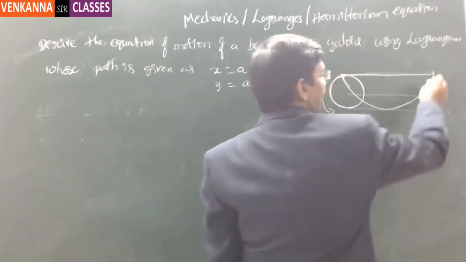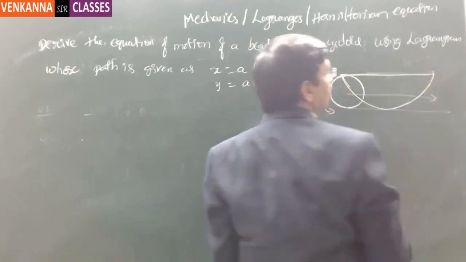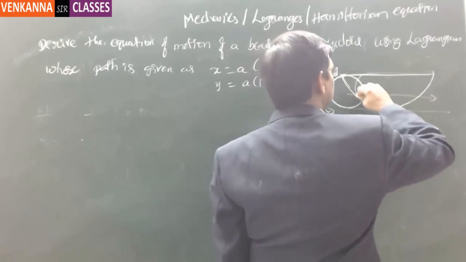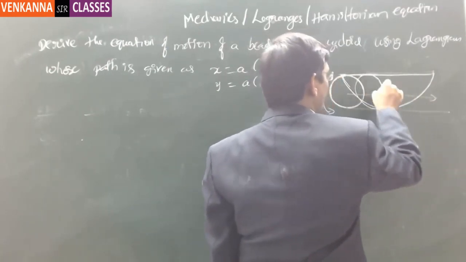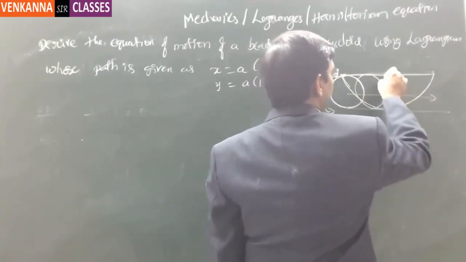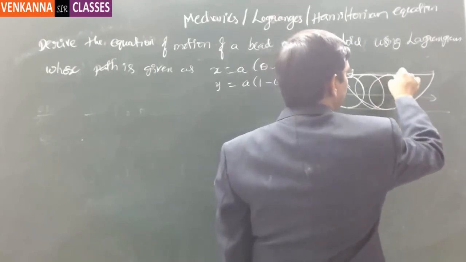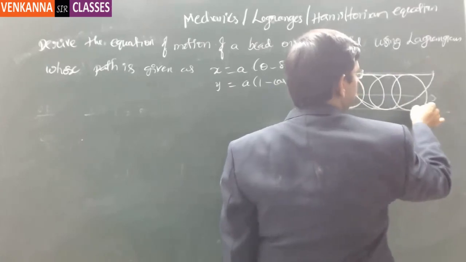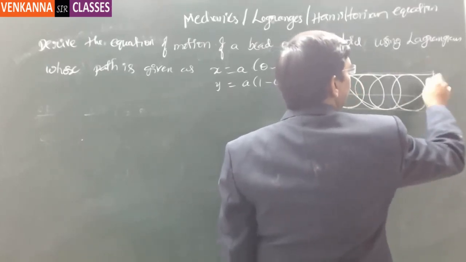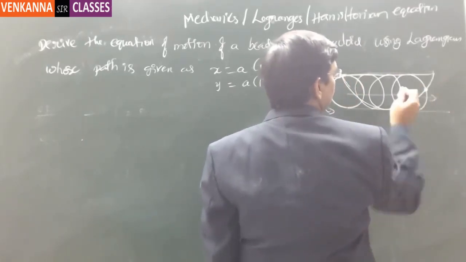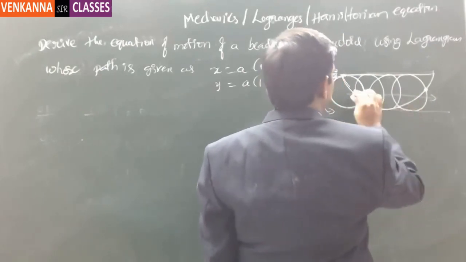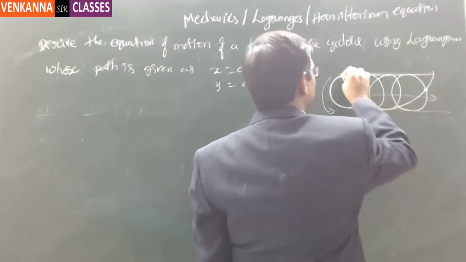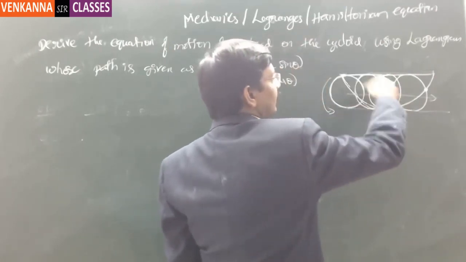So this is continuously moving, and at any instant it has one position. Like this, the ball is trying to move. Got it? So this is the dot, and the dot is continuously moving like this, right?